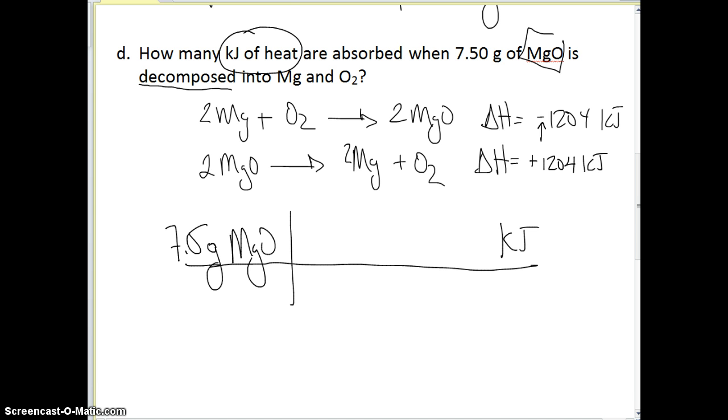So we're going to convert to moles first. I have MgO there, and I'm going to use the molar mass down here to convert to moles. I keep wanting to put 24.31, and that's the mass of Mg, so remember to add in that oxygen.